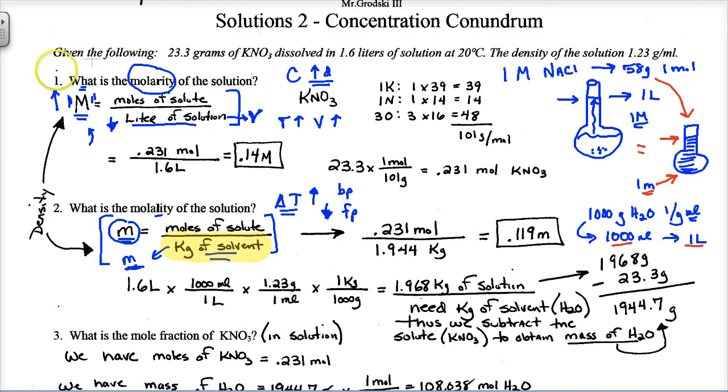In the problem that you have done, which is laid out here, we got 0.14 molar and we got 0.119 molal. And these are very similar numbers because the concentrations are very low. Now, why are they approximating each other?